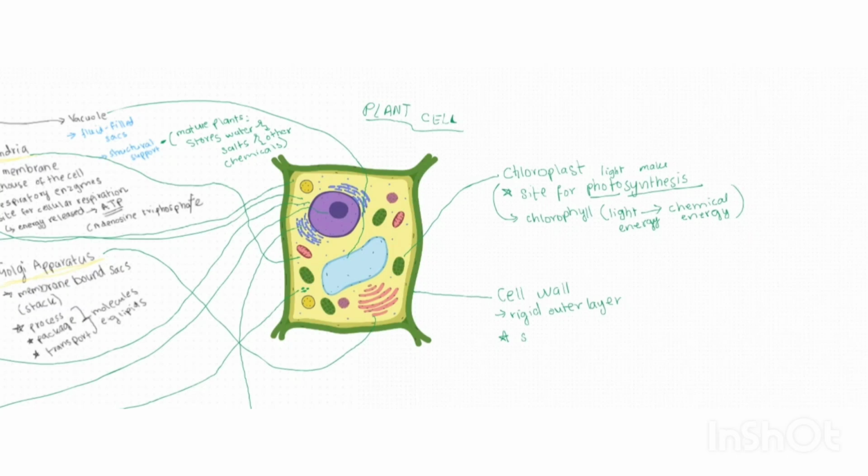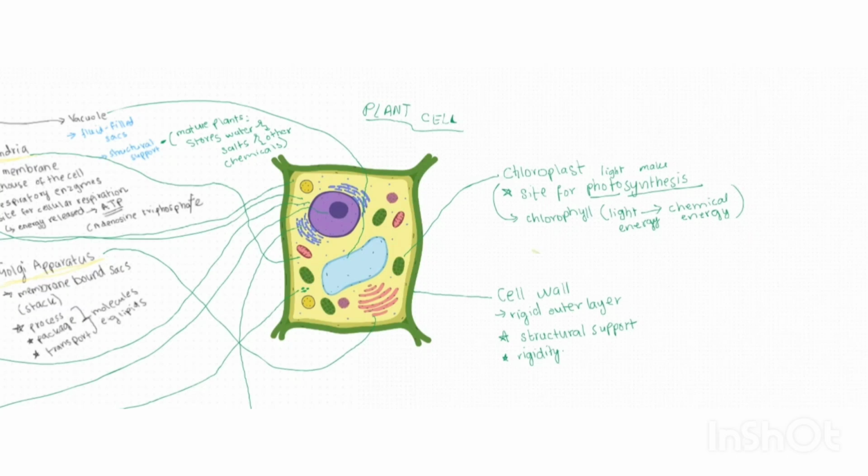And the cell wall is rigid, and this is the reason that when you try to fold a leaf, for example, it breaks, because it feels more rigid. It's because of the cell wall, and the cell wall gives structural support and rigidity to the plants. Simple as that.